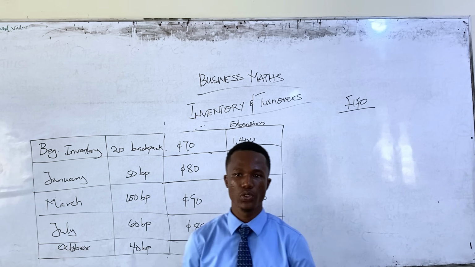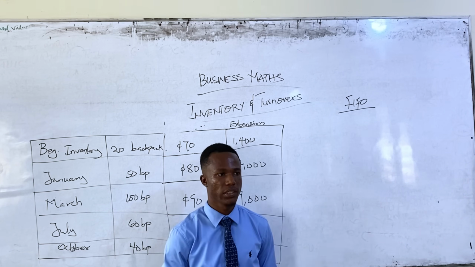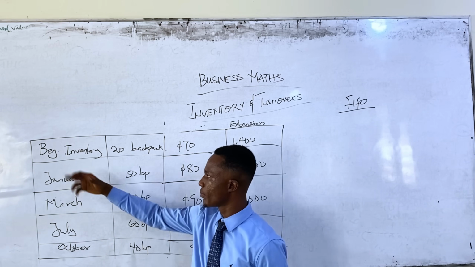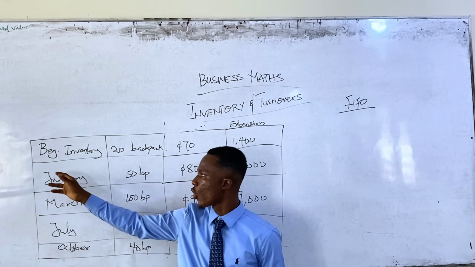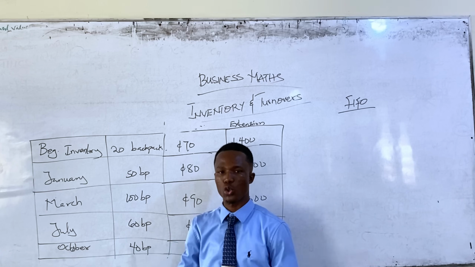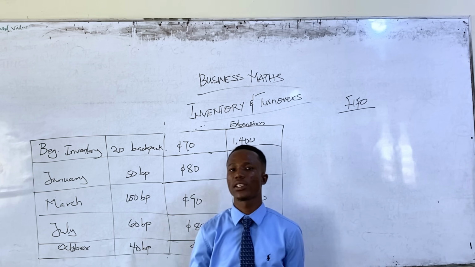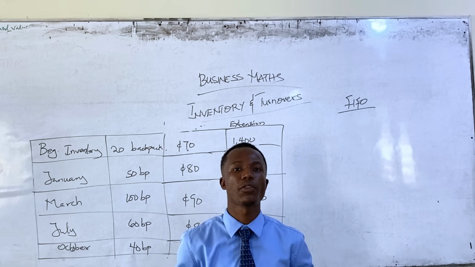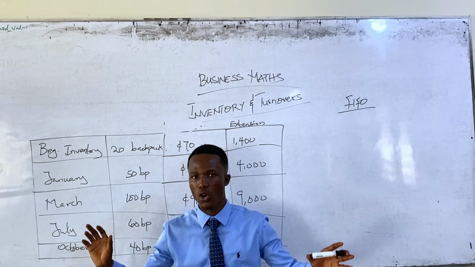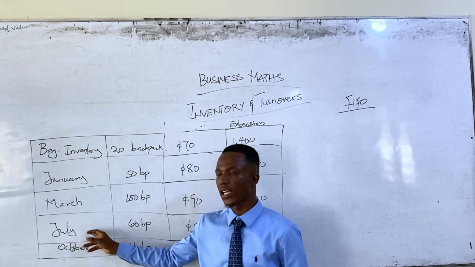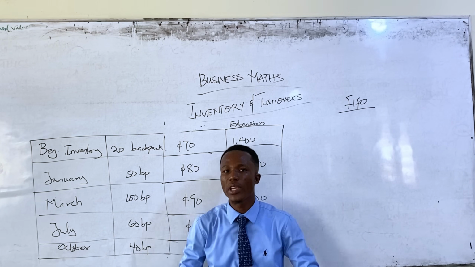We have a warehouse, and sometimes we order items at the beginning of the year, or we will have items within January, February, July, October. For first in, first out, those items that came first are the first ones that we will sell. The more recent items, those that came late, will stay. So they will be our inventory.